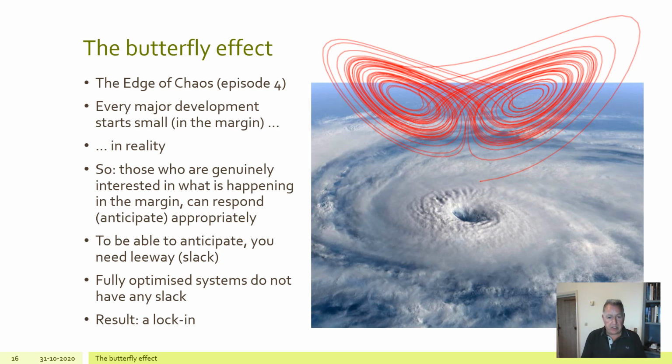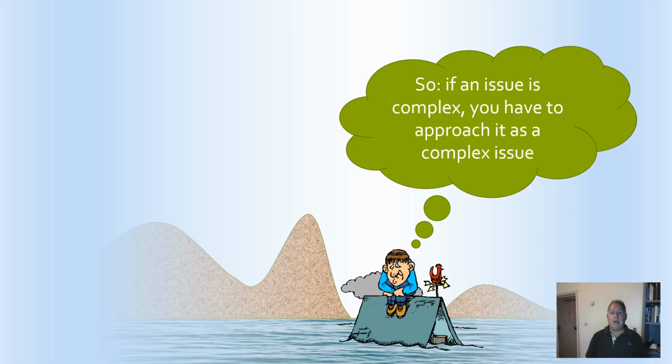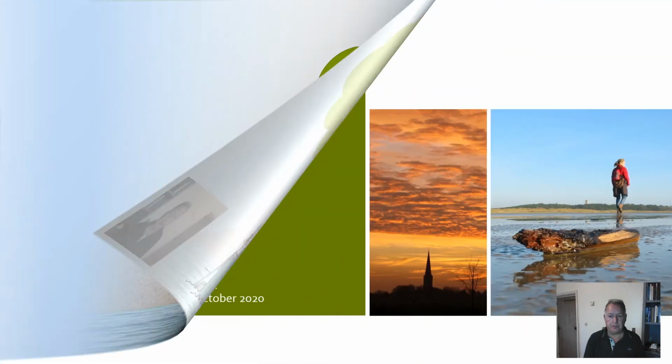The result is a lock-in. We stay where we are and our response is too slow. Well, I showed that there's a difference between a simple issue and a complex issue. The main conclusion is, if it's complex, please approach it as complex.